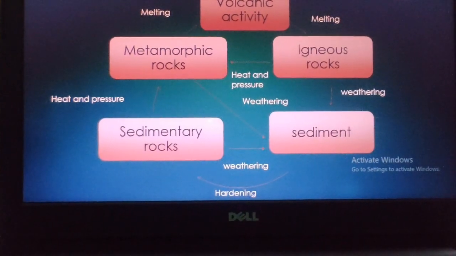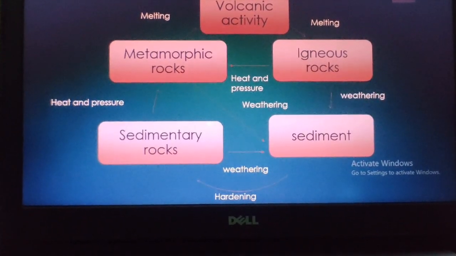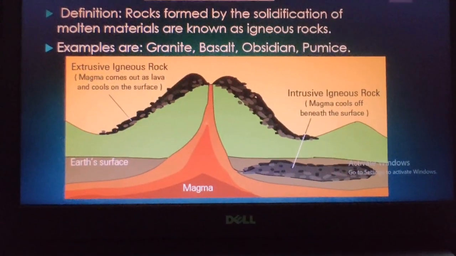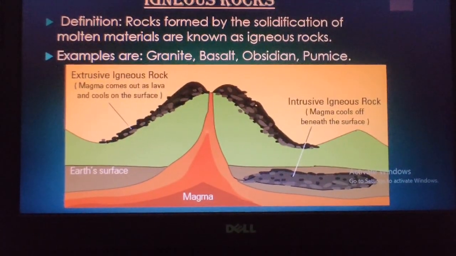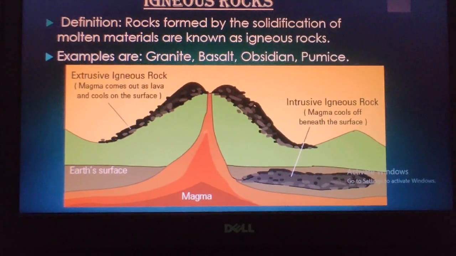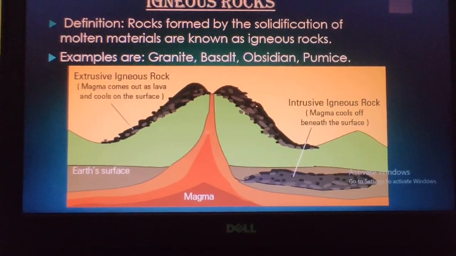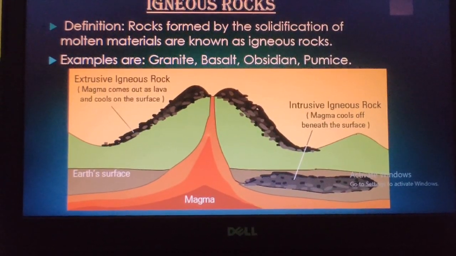So let's discuss the types of rocks in brief. Let's start with igneous rock. Rocks formed by the solidification of molten materials are known as igneous rocks.